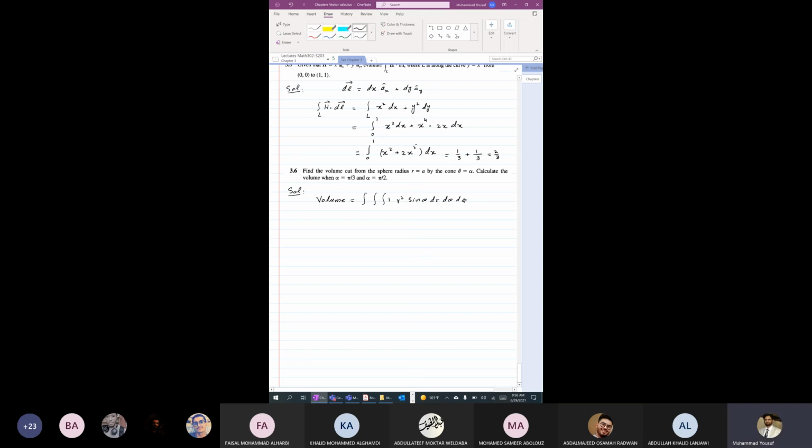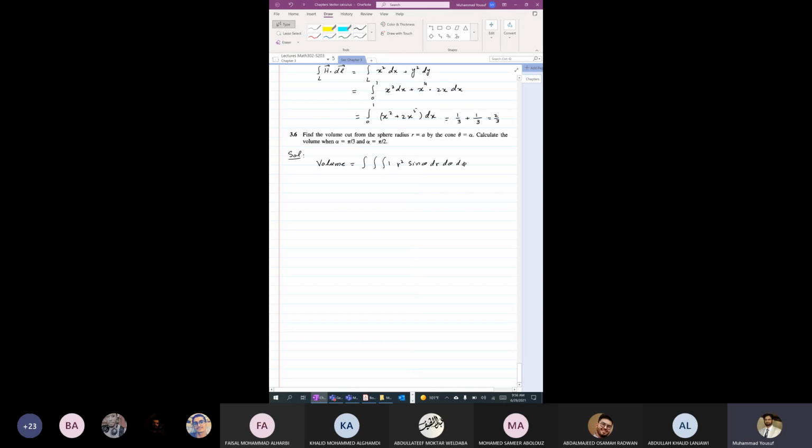The volume is cut from the sphere of radius a. So r is from 0 to a. Radius is from the center to the surface, and r equal to a is the radius. Theta is cut by the cone, theta equal to alpha, and the first part is alpha equal to pi over 3.